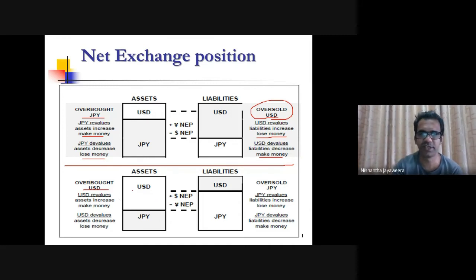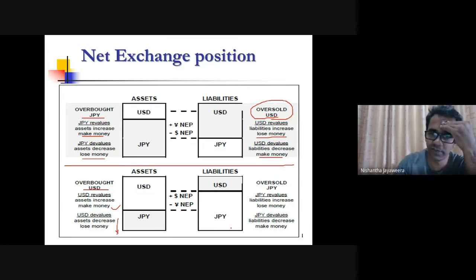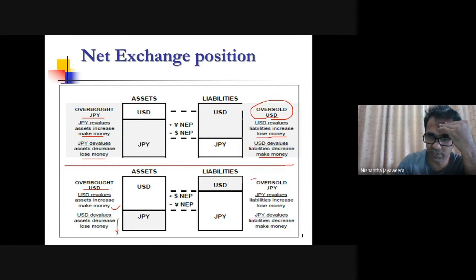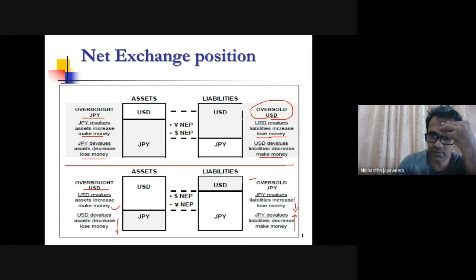If the dollar appreciates, you make money. If the dollar depreciates, you lose money. On the other hand, in terms of yen, you have more liabilities in yen. So you have a short position in yen, a negative position in yen. Therefore, if yen appreciates, you lose money. If yen depreciates, you make money.